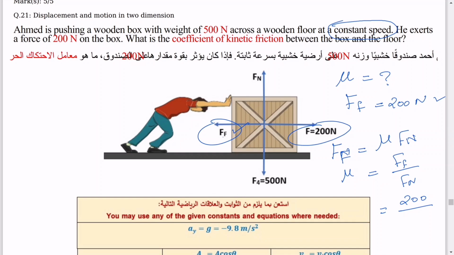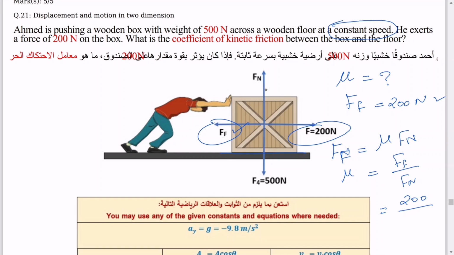The normal force will always be equal to the weight of the object if the object is on a horizontal surface. So here you can see this box is on a horizontal surface.